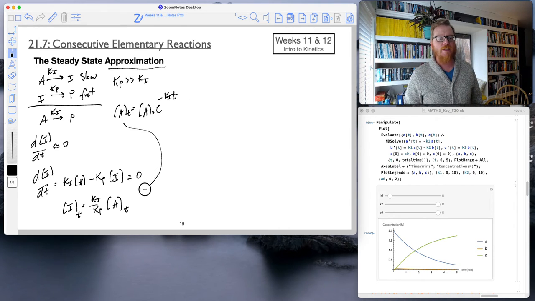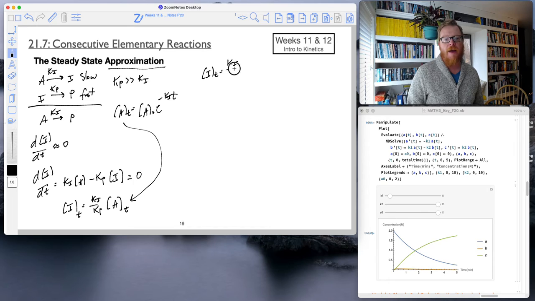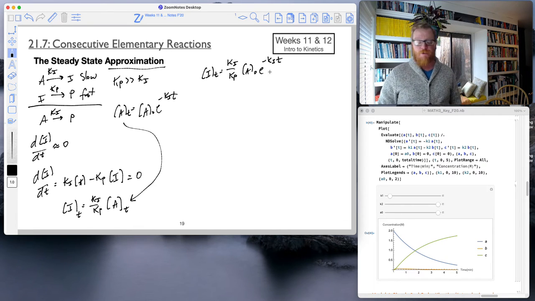So now I want to substitute that and see what happens. So now, let's see here. I can say that I at any time is going to be Ki divided by Kp times A initial e to the negative Ki t. So I can get a fairly straightforward expression for I.